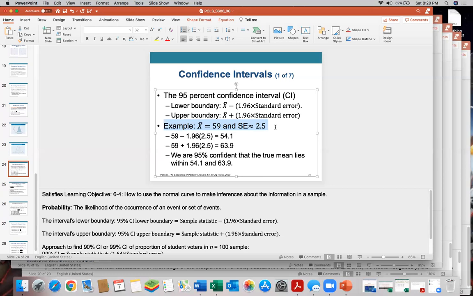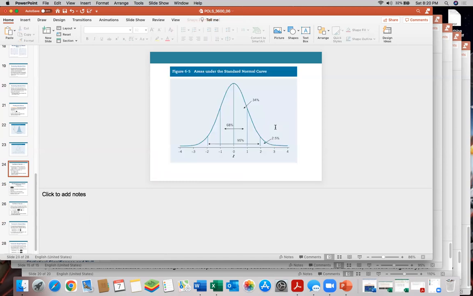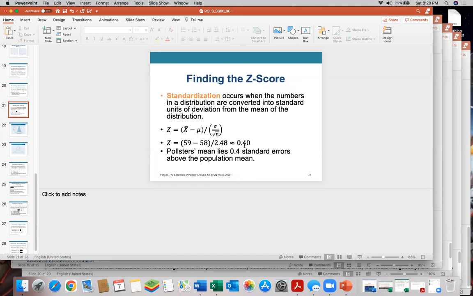Because otherwise, we did learn how to get the standard error, which is going to be the sigma over the square root of n.